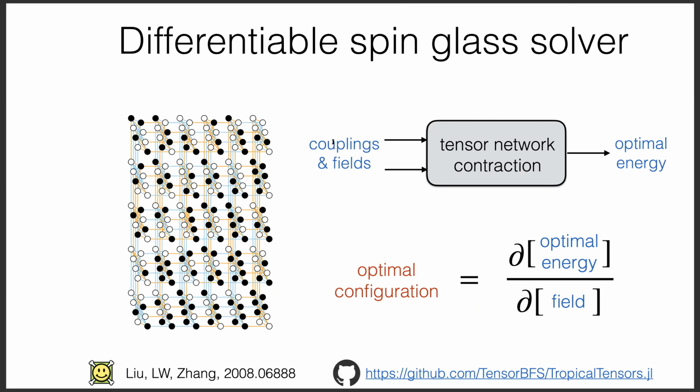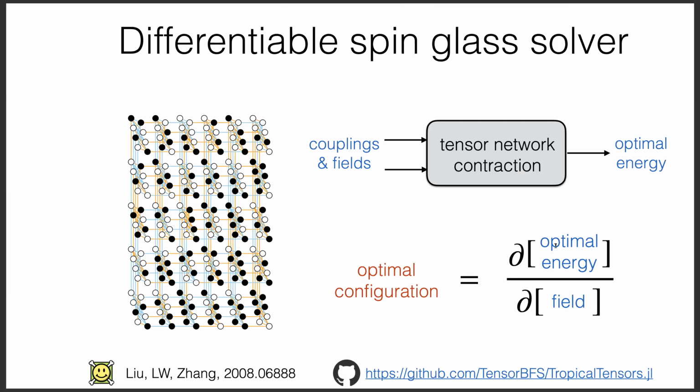Making this setup a little bit more non-trivial, tensor networks can also be used to solve spin glass. That's an Ising model with random couplings. So essentially you contract the tensor network to get the ground state energy of a certain Ising spin glass. But that does not solve the problem because it only gives you the optimal energy. But you can do the same kind of gradient, right?